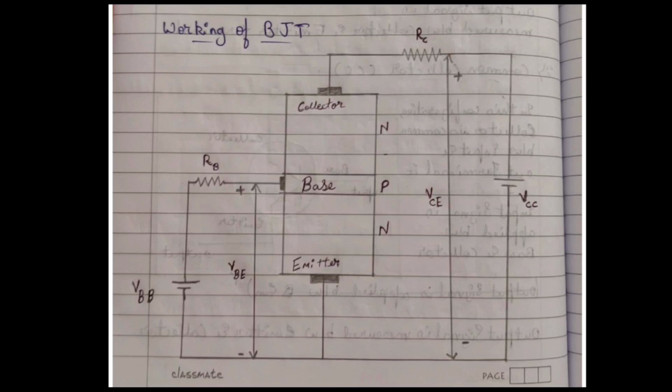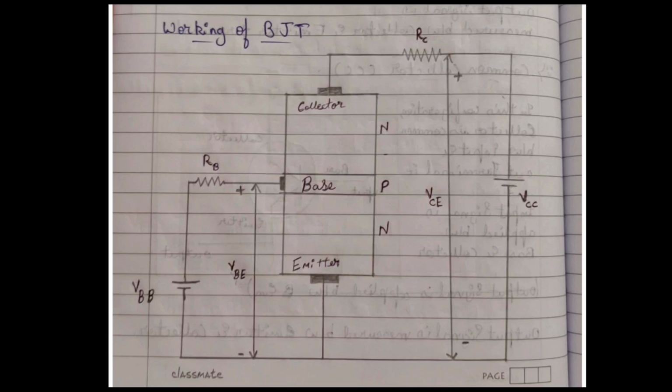Since there are no holes for the electrons to fit in, the electrons tend to move towards the collector region. If there were enough holes in the base region, they would have gone and occupied that space, but that is not happening here. So the electrons go towards the collector region for this reason.